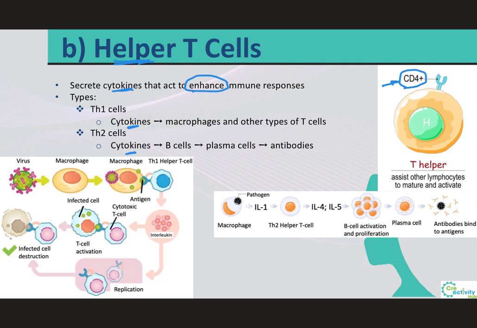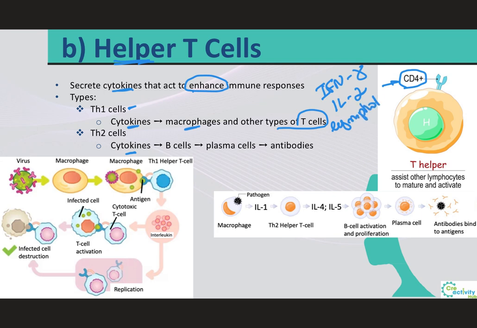The first type of cell are what we call the Th1 cells, and these are a type of helper T cells that will secrete cytokines that will regulate the immunological activity and the development of a variety of cells that will include macrophages and even other types of T cells. And these cytokines that are present in the Th1 cells are what we call interferon gamma, IL-2, and lymphotoxin alpha.